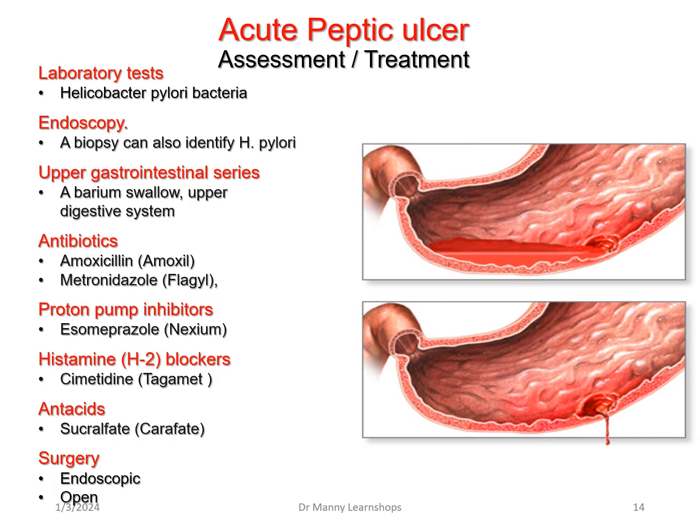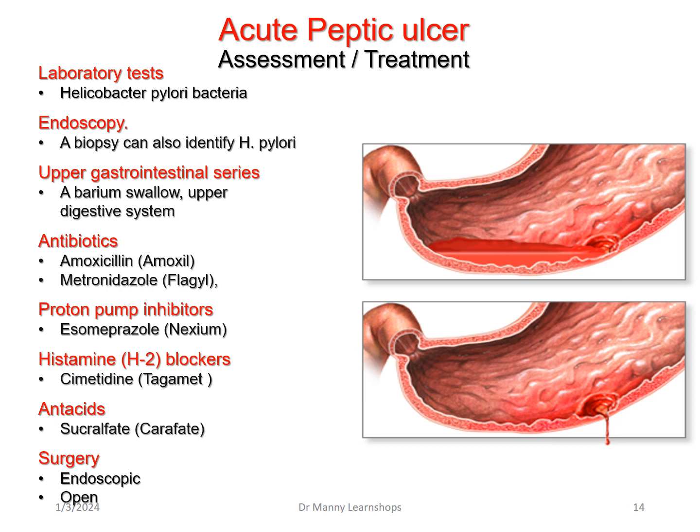How do you assess it? Well, again, there are lab tests that can be done to determine whether you have Helicobacter pylori bacteria. An endoscopy can also identify H. pylori. Other tests that can be done, like a barium swallow for the upper digestive system, or you can be put onto antibiotics. Common ones would be amoxicillin and metronidazole.